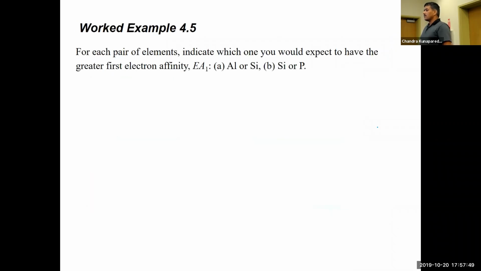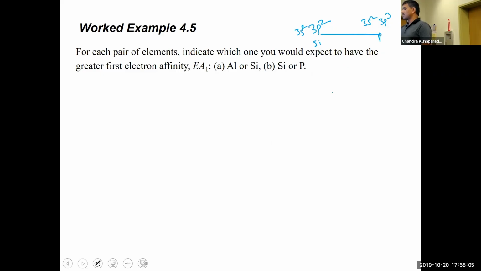The electronic configuration of silicon ends with 3s2, 3p2, whereas the electronic configuration of phosphorus ends with 3s2, 3p3. Just like any other group 5A element, it ends with a partially filled p subshell.